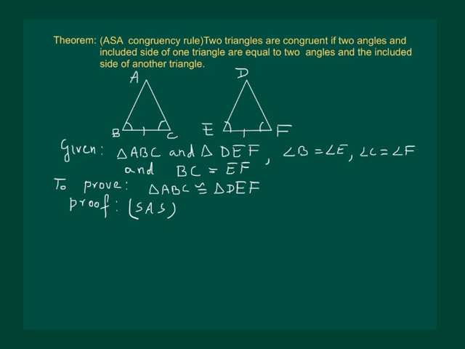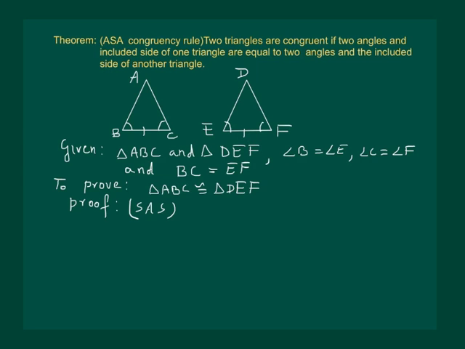Now, since already one side and angle of triangle ABC is equal to one side and angle of triangle DEF, if we can prove that AB is equal to DE, then the triangles will be congruent by the SAS property.